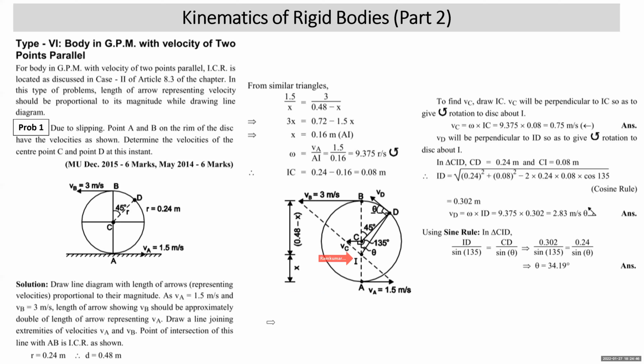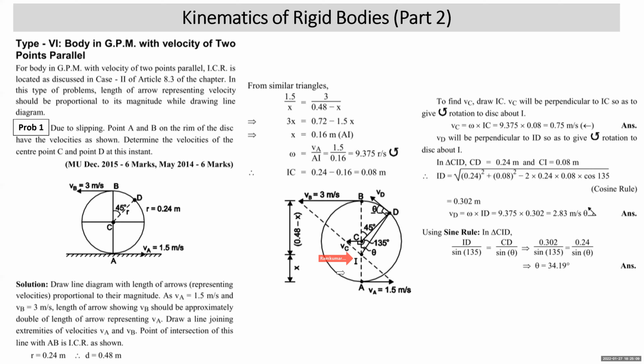Now, the importance of taking the length of the arrow proportional to its magnitude. Suppose you take the arrows representing VA and VB almost equal. So what may happen? Your ICR will not pass through the center, and that will become wrong. That is why you need to take the length of the arrow proportional to the magnitude of the velocity. Right.